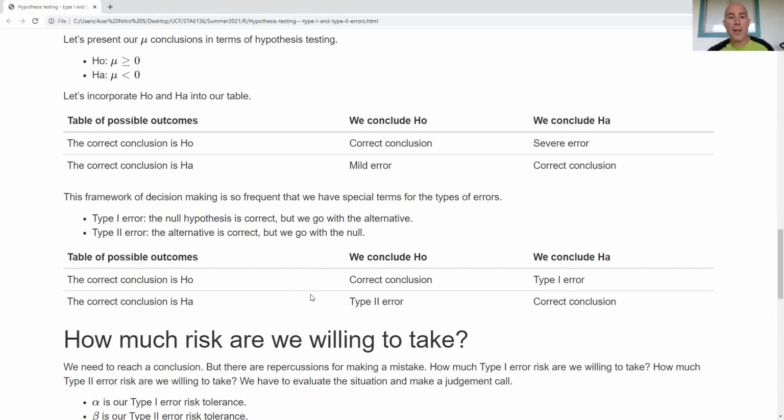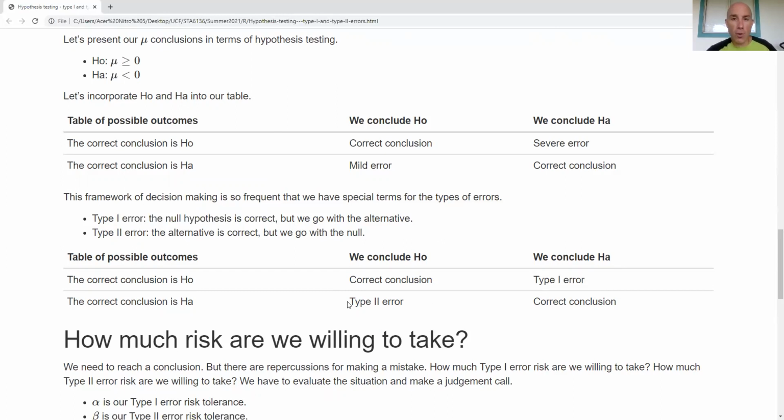Let's incorporate this vocabulary onto our table. The correct conclusion is the null, or the correct conclusion is the alternative. We can either conclude that the null is correct, or we can conclude that the alternative is correct. If the null is correct and we made a mistake, that's a type 1 error. Null goes with type 1 error.